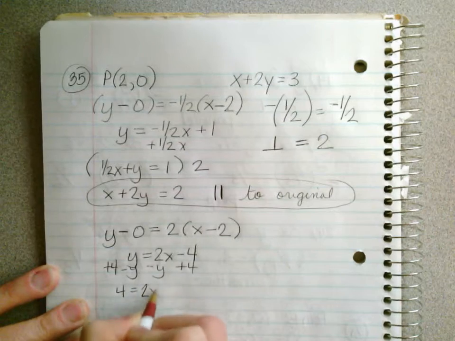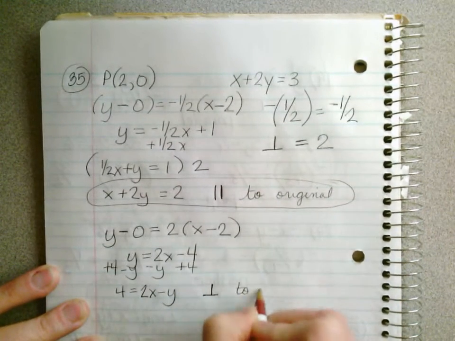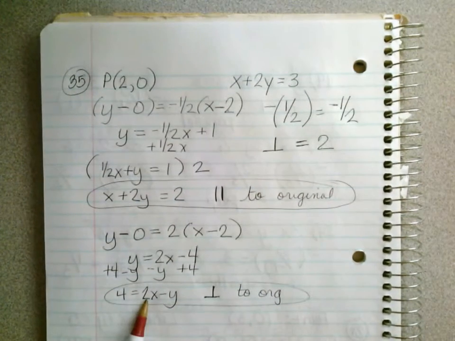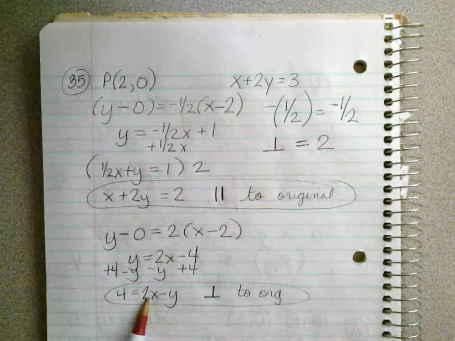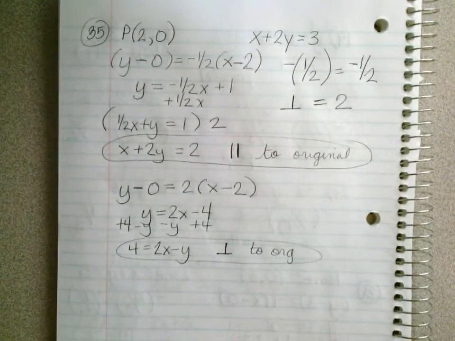Negative 4 equals 2x minus y is the perpendicular equation to the original. 2x minus y is 4. Had to just verify that I had it right. Okay.